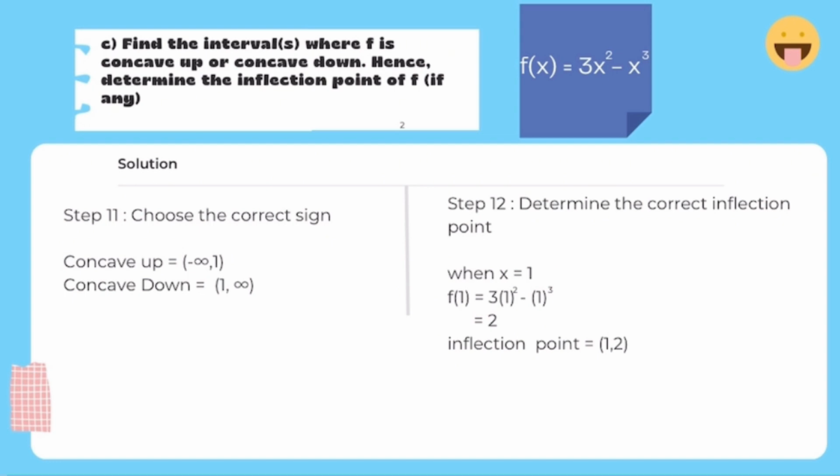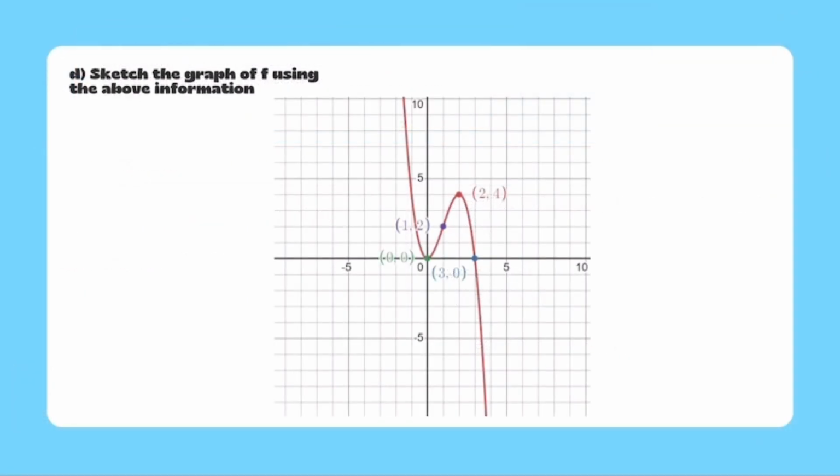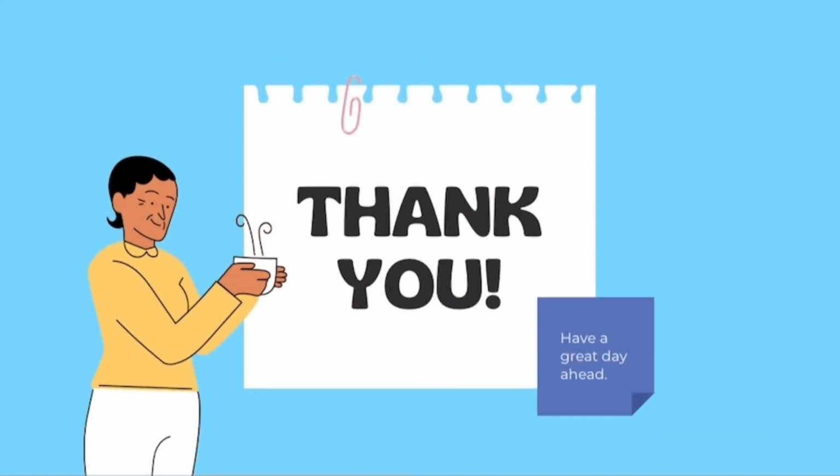After that, step 12, we will determine the inflection point where x is equal to 1. Then we substitute it into the first function, and we will get the value of 2. Then the inflection point is (1, 2), and then we're just going to sketch the graph of the function using the above information. That's all.